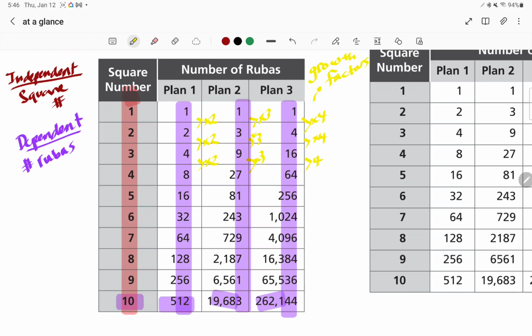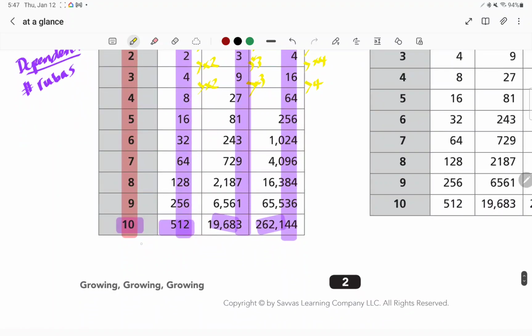And then 3, do the growth patterns for plans 2 and 3 represent exponential functions? So yes, they do. The growth for these is exponential. They also ask for the growth factors, which are really easy to see if you have the tables. The growth factors are 2 here, 3 in this one, and 4 in this one.